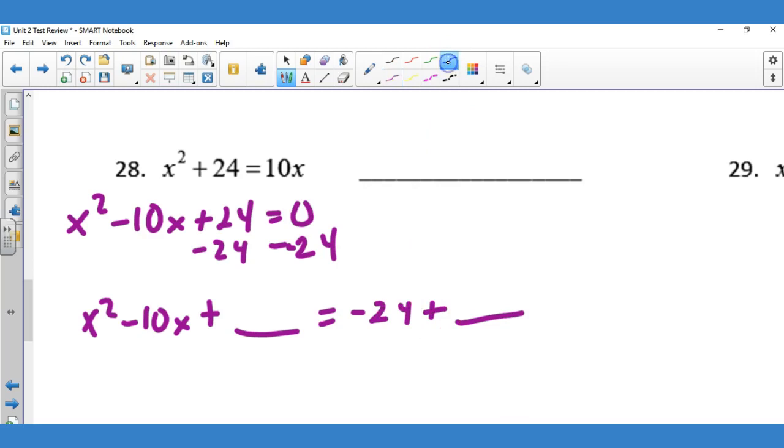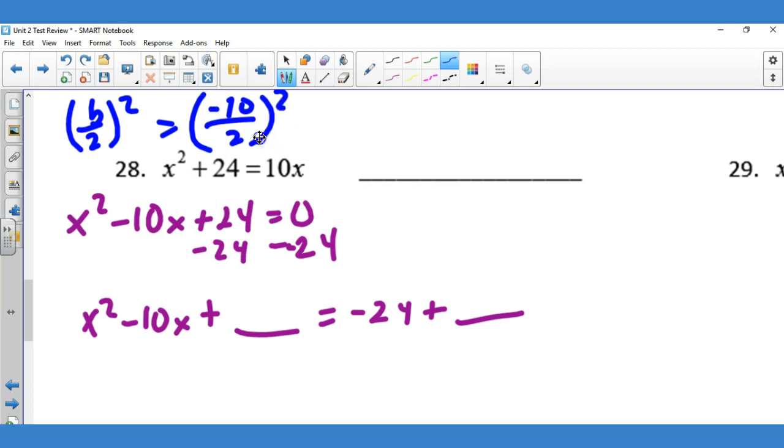Okay, so now remember b divided by 2 squared in this case is going to be negative 10 divided by 2 squared. So negative 10 divided by 2 is going to be negative 5, and negative 5 squared is 25. So when we factor this, negative 10 divided by 2 is negative 5.